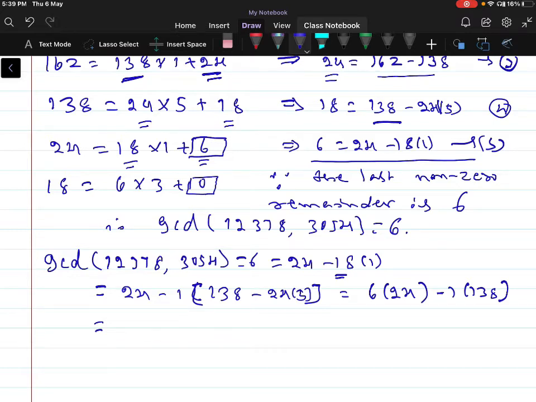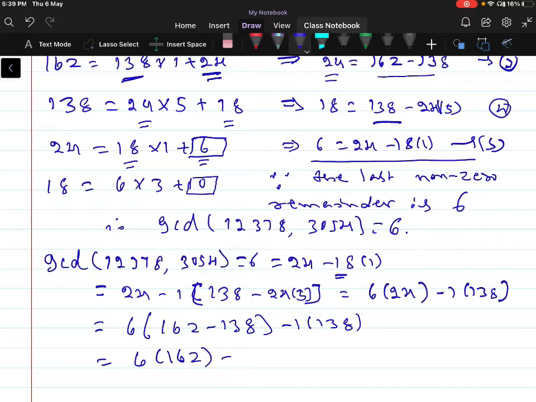So 6 times 24 becomes 6 times 162 minus 6 times 138 minus 1 times 138, so that is 7 times 138.